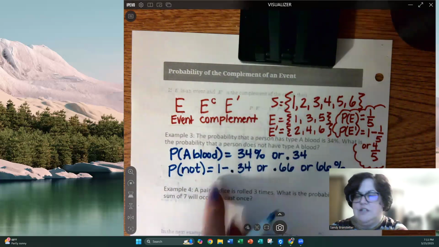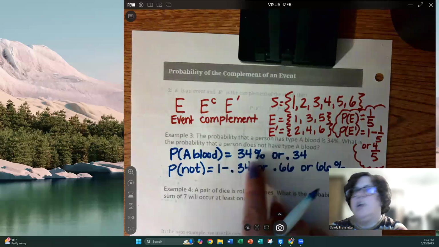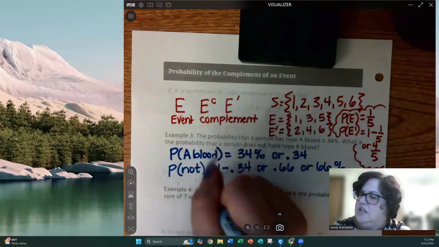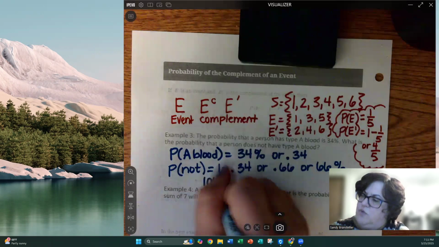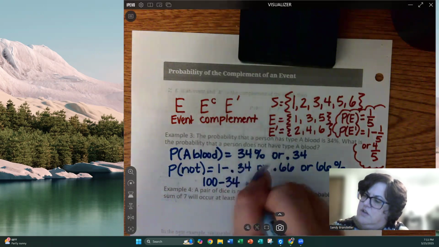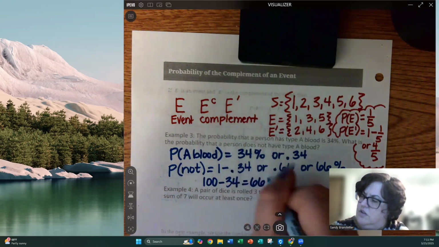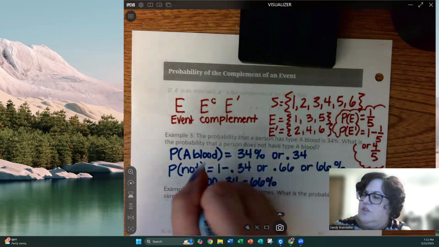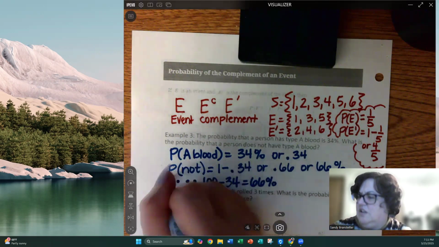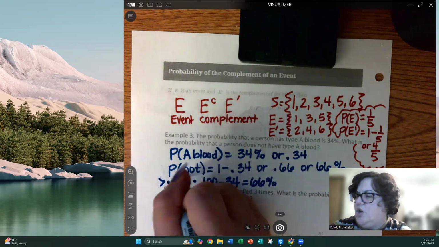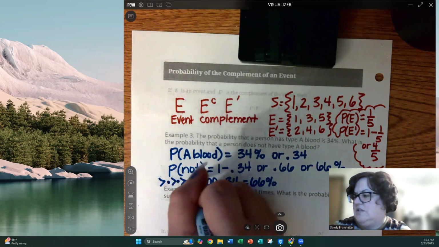Now, why did I change it to a decimal? Well, I'm subtracting from 1. If I'm talking about a percent, then I would have to subtract from 100. So this is still allowed, but notice the difference.